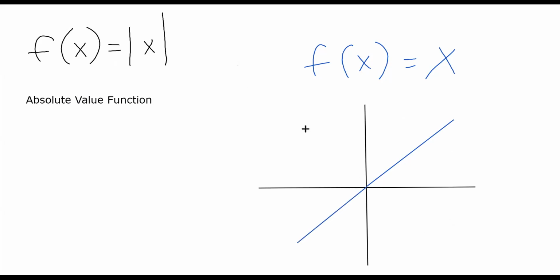It had the arrowheads on either end. I'm actually going to omit the arrowheads for the moment, but it's a line that kept going and going in this direction. That's when we just had x by itself. This thing is very similar to that, except it adds the restriction that if you plug a negative x value in, it needs to make it the positive version of that.